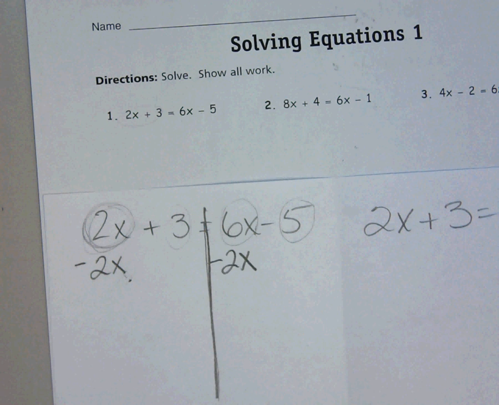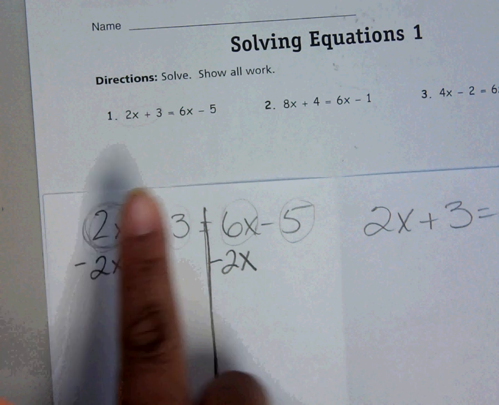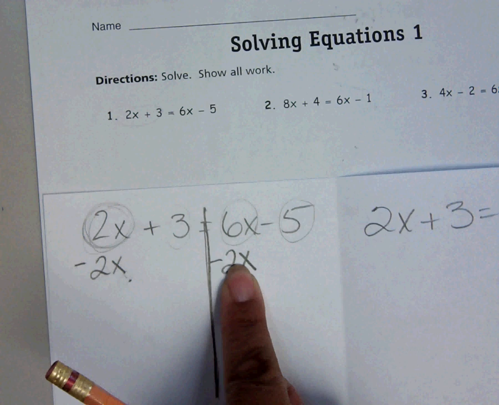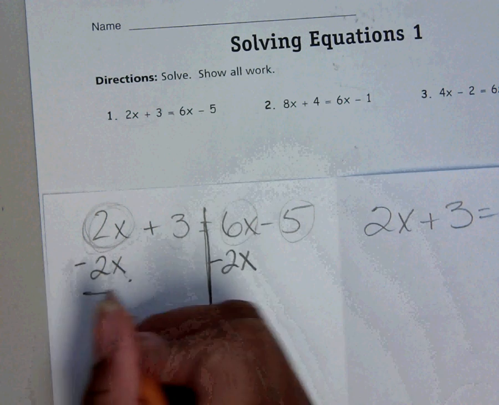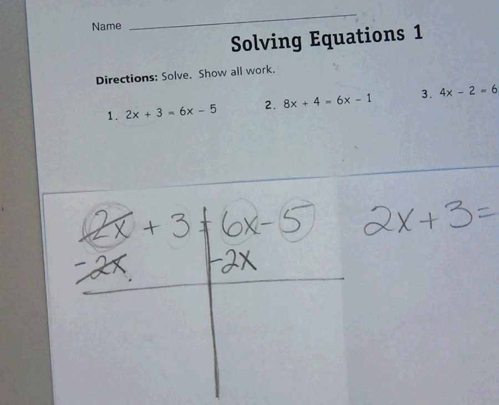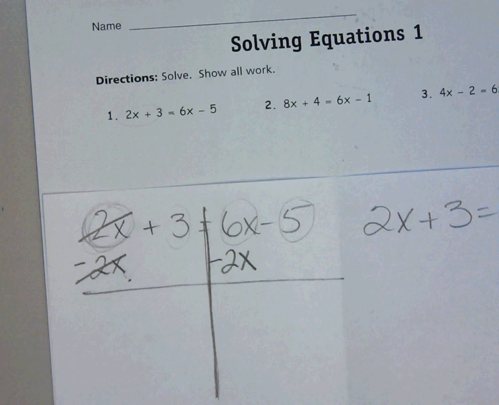That is wrong. In order to move the minus 2x to the other side of the equal sign, you have to do the inverse operation. Now that's gone away and it is 0 because you add and subtract to 0. Alright.